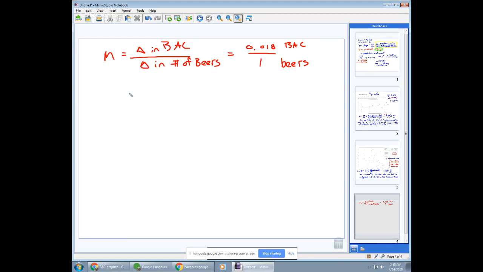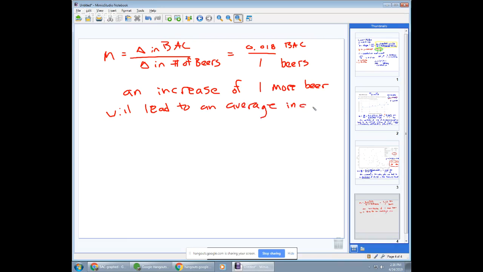So what this tells me is an increase of 1 more beer will lead to an average, and this is an average, increase in blood alcohol content of about 0.018.